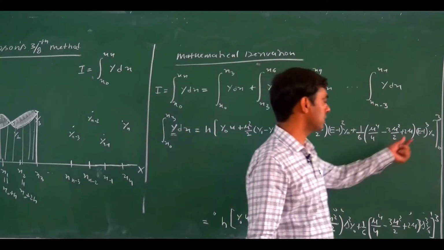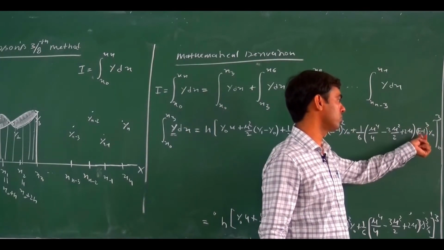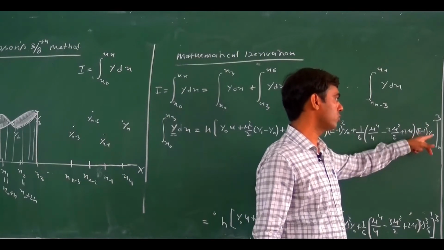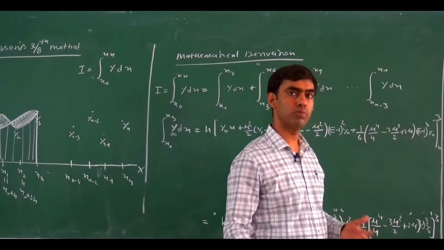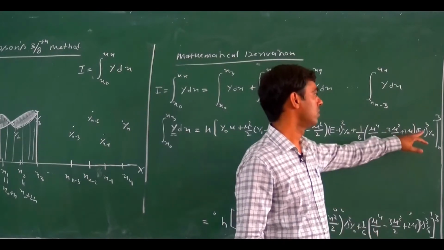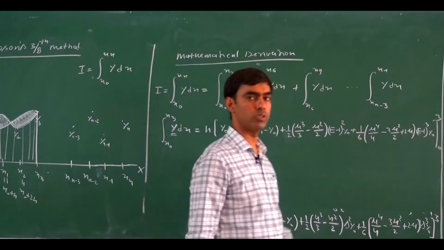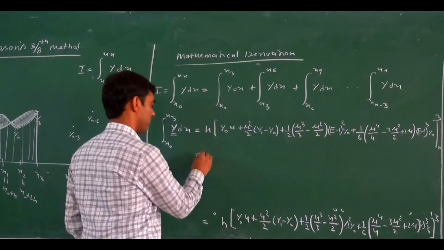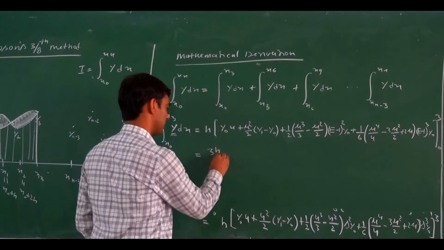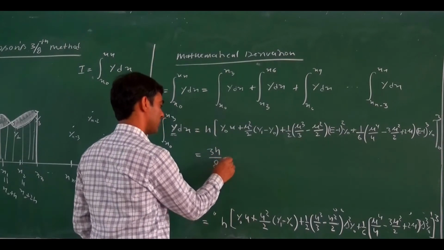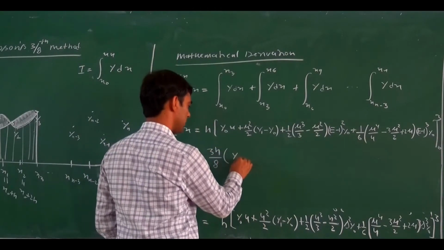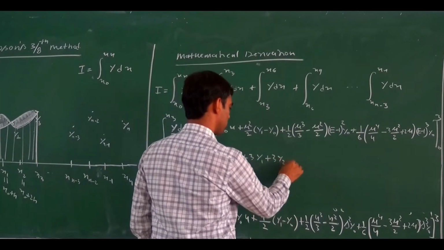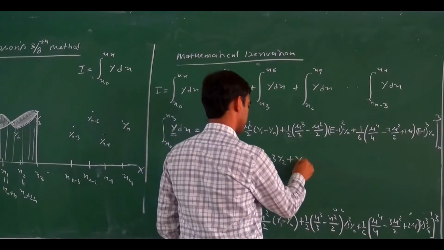Similarly, if we expand E minus 1 whole cube, E cube y0 becomes y3, E square y0 becomes y2 and E y0 becomes y1. After simplification, we get 3h by 8 inside y0 plus 3y1 plus 3y2 plus y3.